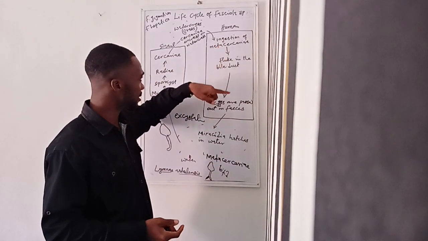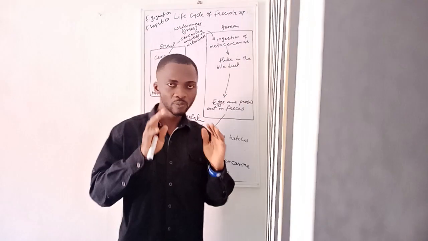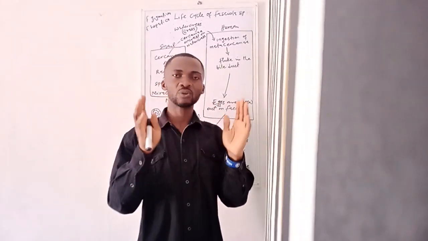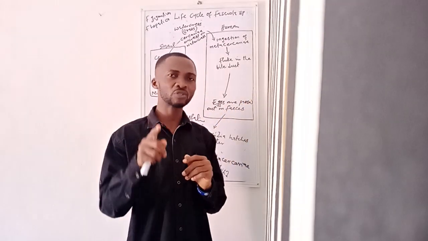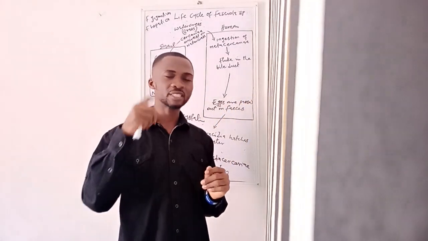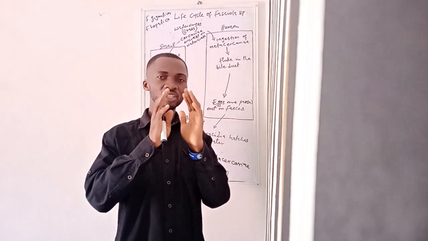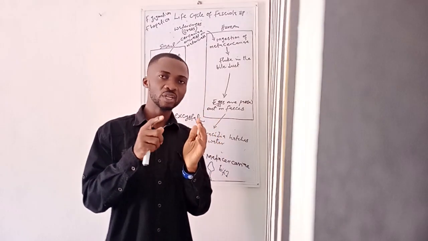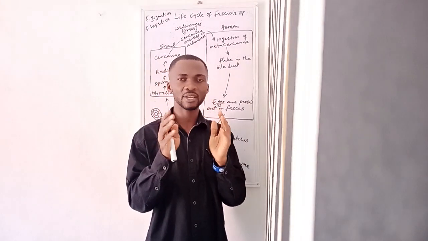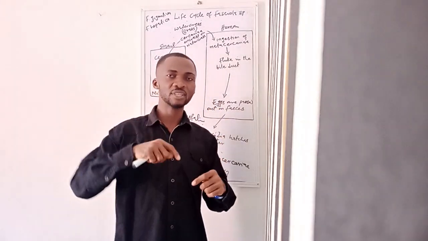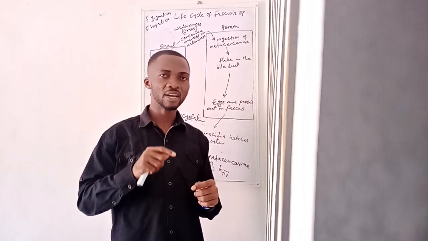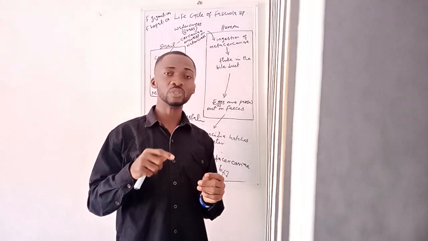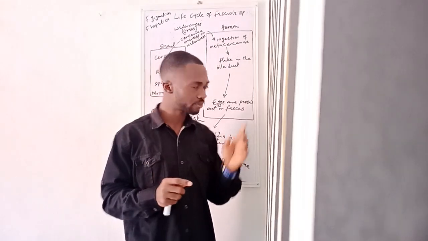When the person ingests the metacercaria, that metacercaria is just like a cyst, and it undergoes what we call excystation, and I mentioned this excystation method in Entamoeba histolytica. So excystation means the breaking of the cyst, and once the cyst is broken, the fluke will be released into the intestine. And in this case, the part of the intestine is the small intestine, the duodenum.